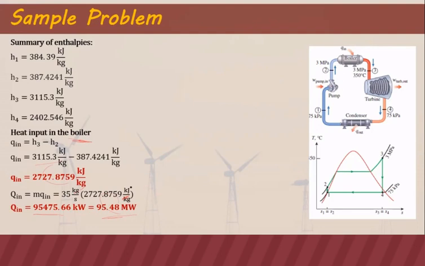So this is the amount of heat that you are going to input in the boiler. This is from coal or from the fuel that you will use in the combustion in the boiler. Next one is the heat output in the condenser.